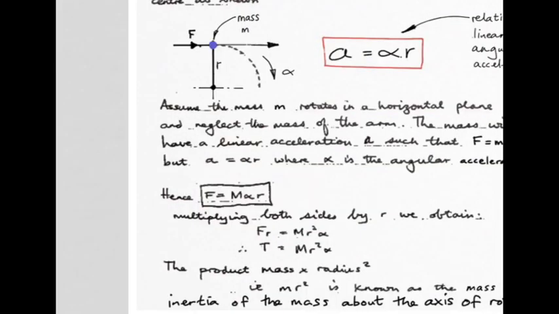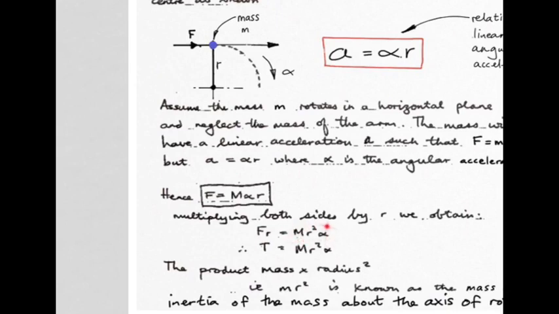So if we're not looking just at one spot of mass, but a shape such as a flywheel, what we could do is consider the millions of small pieces of that flywheel, each as its own little spot of mass. Then we focus on this equation over here, and we look at the FR product for each particle of mass, and the m r squared alpha component for each particle.